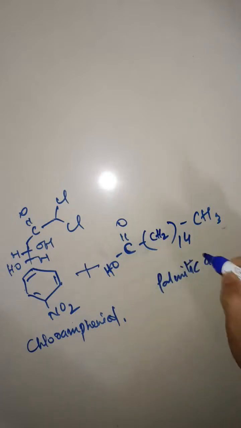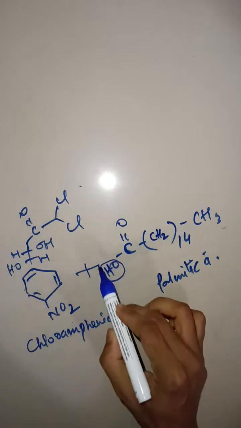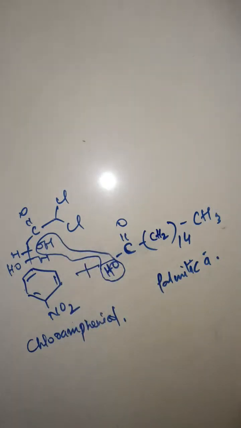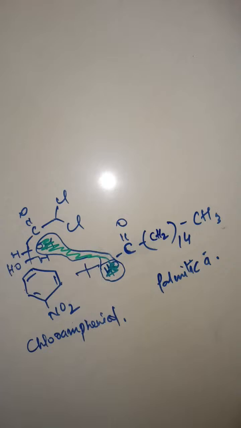Now what will happen? A reaction will take place at this OH. When the reaction takes place, H2O will be removed. What will we get as the final product? Our final product will be like this.